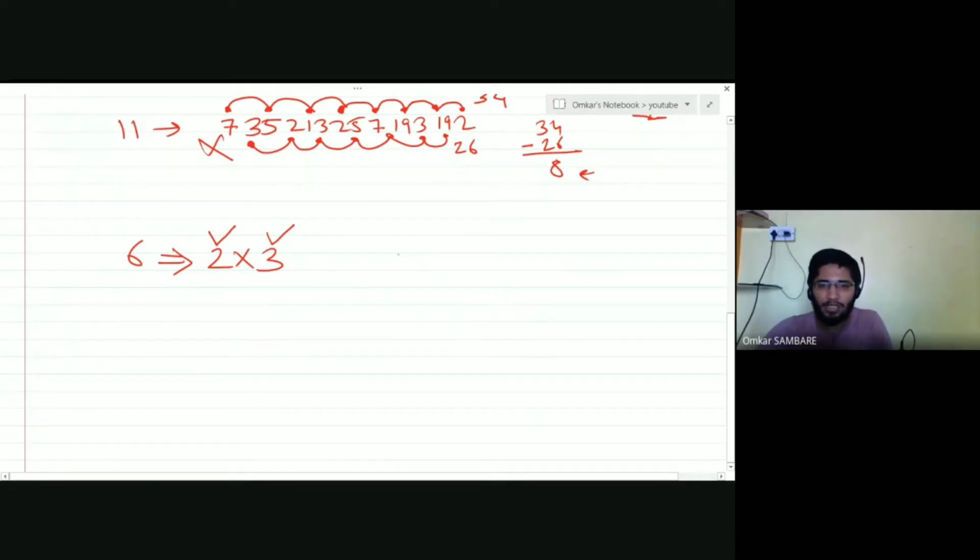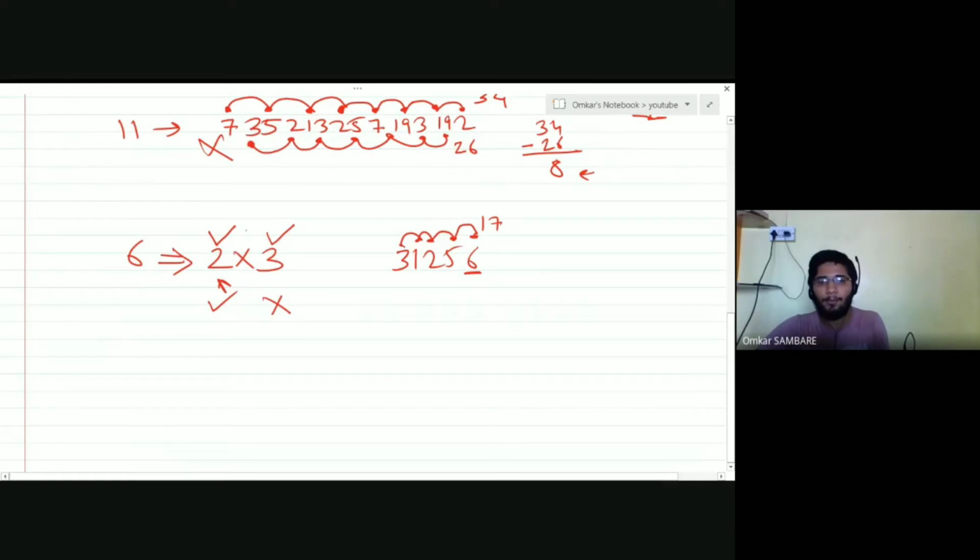Suppose this is the number 31256 and I have to check whether it is divisible by 6 or not. I will check first for 2. If the number is even, then it is divisible by 2, and it is even, so it is divisible by 2. Let's see for 3 now. 3 plus 1 is 4, plus 2 is 6, plus 5 is 11, plus 6 is 17. 17 is not divisible by 3, so the number is not divisible by 3.